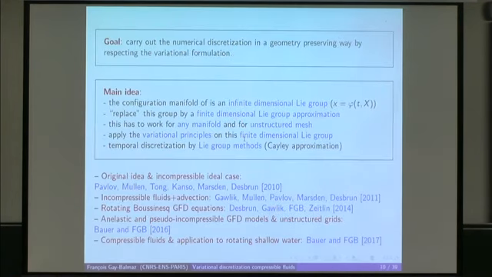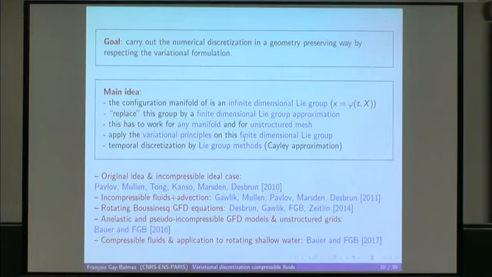Okay. So how shall we discretize this picture now? So the first step is evidently to discretize in space the configuration space, so the diffeomorphism groups. So we will replace this infinite dimensional Lie group by a finite dimensional Lie group, right? A well-chosen approximation, but we want that this approach works for any domain of the fluid.